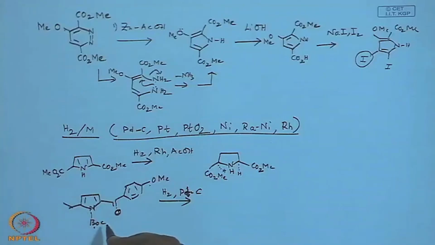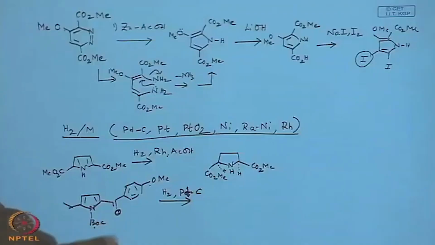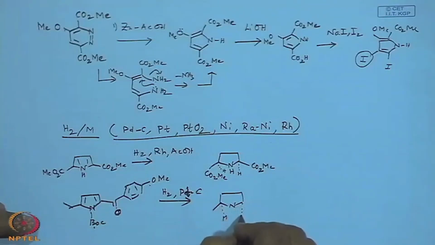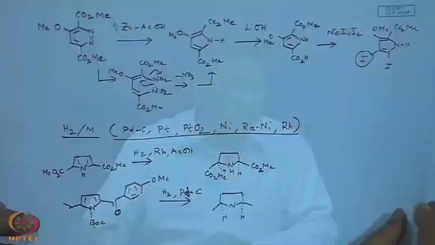That if pyrrole is attached to an electron withdrawing group, there is a possibility that the pyrrole ring would be hydrogenated, and the carbonyl is not getting hydrogenated. So, the answer obviously I will not write the full structure, you can just write the only part where the changes are taking place, that is it. Okay. That means the pyrrole ring is hydrogenated and the rest of the things remain as they are.